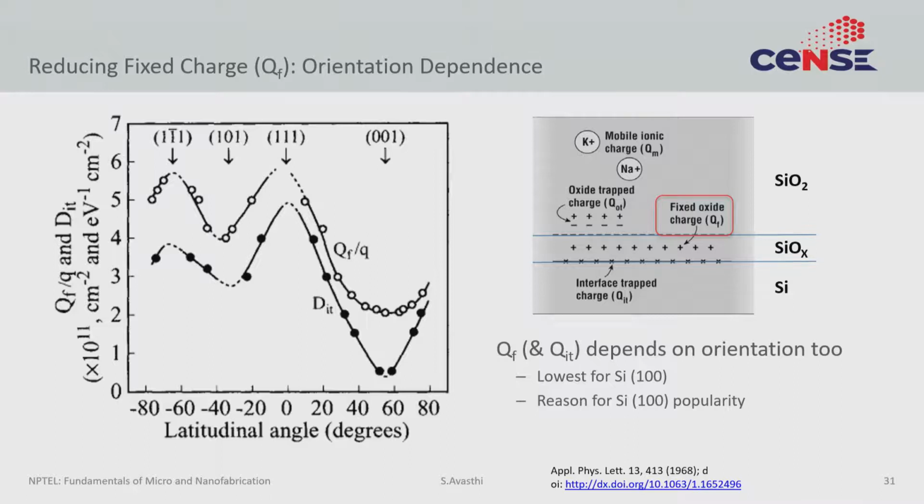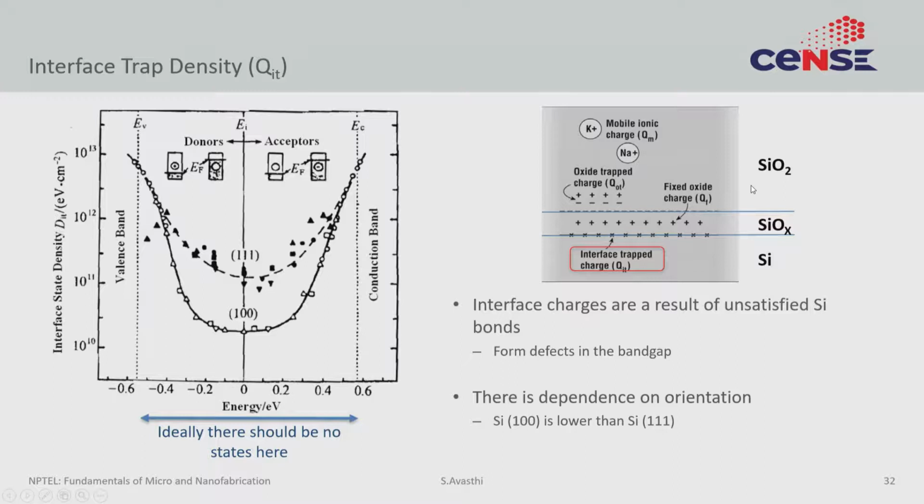For BJTs it does not matter because the silicon dioxide interface is not that important, but in the CMOS technology space where field effect transistors are used, the silicon dioxide interface is extremely critical, and it was very important to reduce the defect density. The way they were able to do that is to switch from 111 orientation to the 100 orientation. So that's enough for fixed oxide charge.